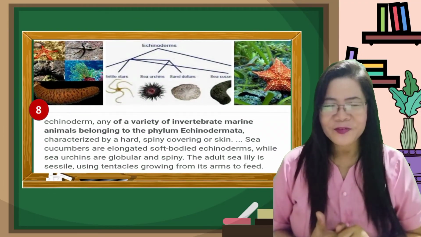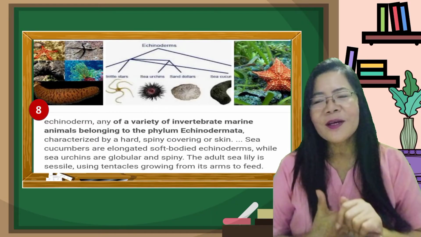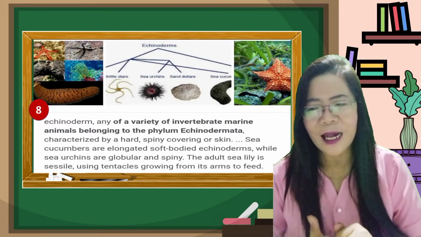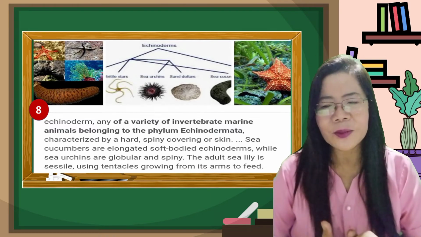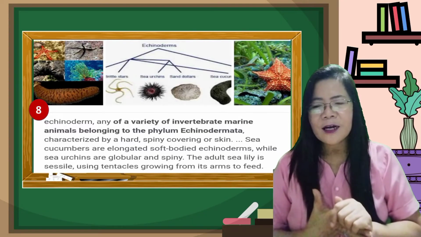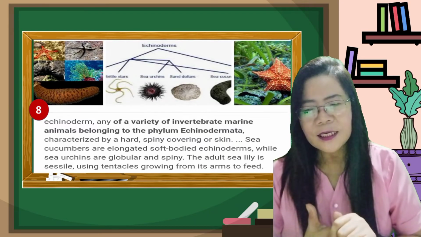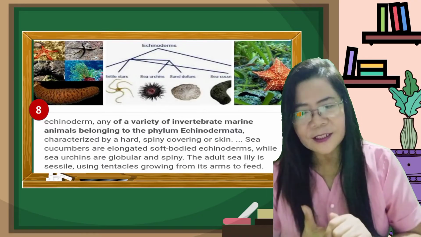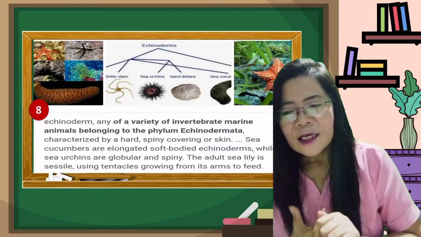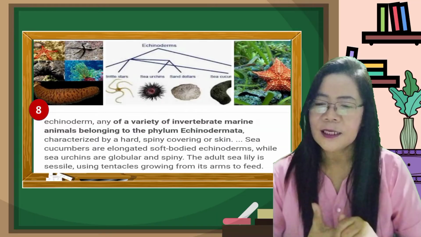The eighth group of invertebrates are echinoderms. Echinoderm: any of a variety of invertebrate marine animals belonging to the phylum Echinodermata, characterized by a hard, spiny covering or skin. Sea cucumbers are elongated, soft-bodied echinoderms, while sea urchins are globular and spiny.